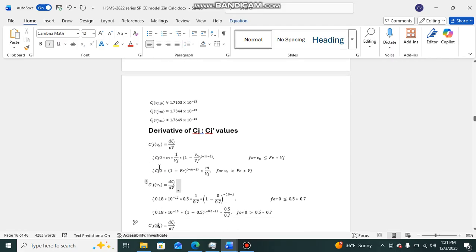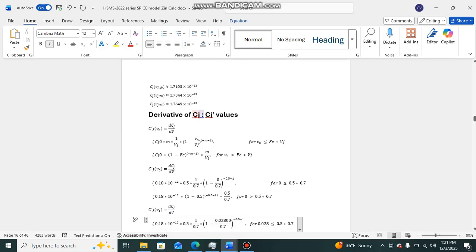And then we take the derivative of the junction capacitance.